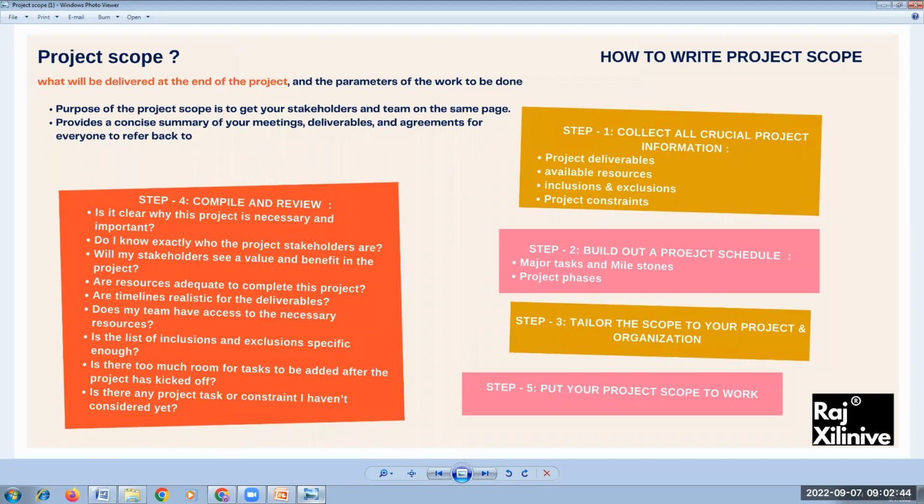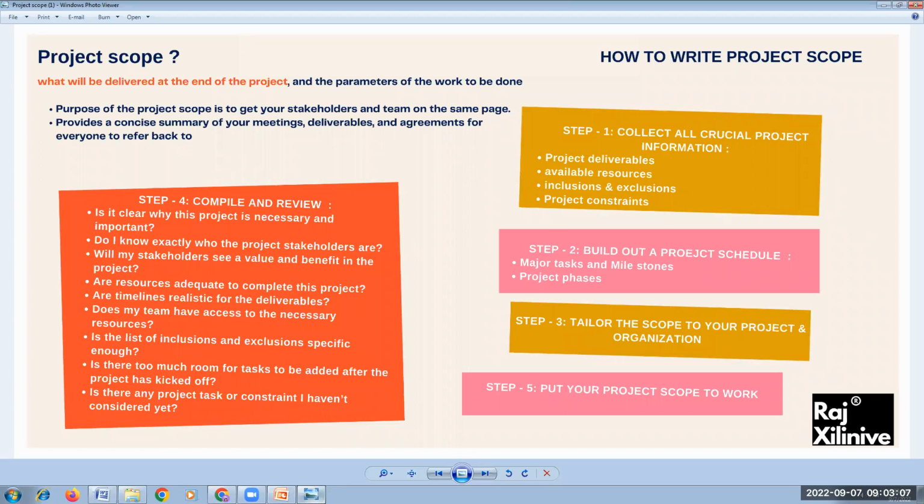Next, we need to tailor the scope of the project, followed by the organizational dependencies. Next, we need to compile the review based on a couple of factors I have discussed with you so far. Finally, we have to prepare a scope of work or scope of the project.